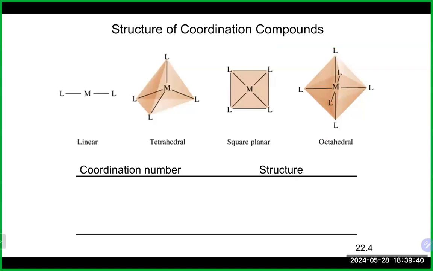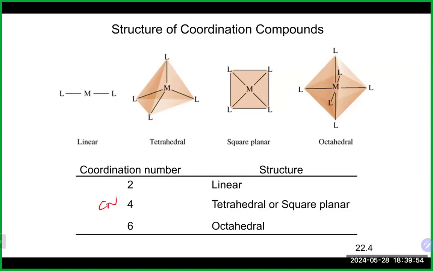And speaking of that, there are typical geometries that correlate to coordination numbers. As I mentioned before, 2 is linear. Coordination number 4 can actually be 2 geometries. It can be your normal 109.5 tetrahedral arrangement, like 4 electron pairs. That would be more like an sp3.